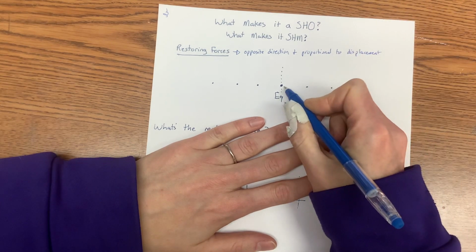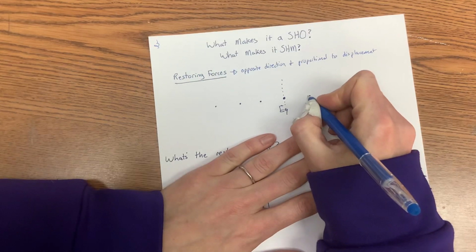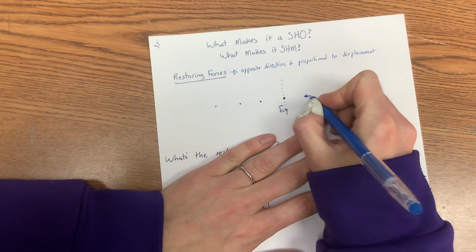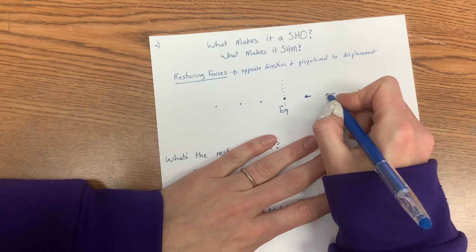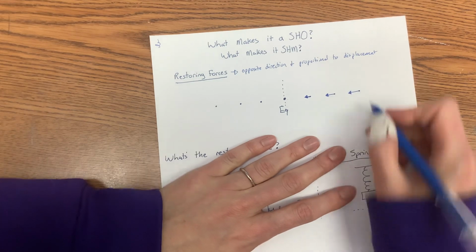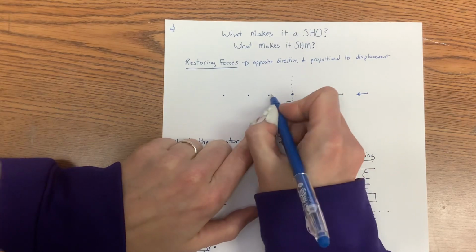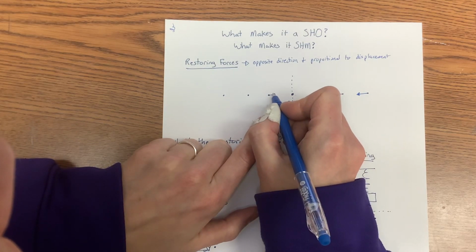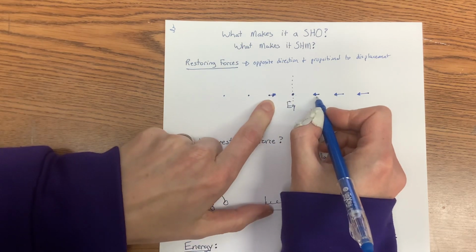So if my object goes this way, my restoring force has to be pushing it back like that. And the further it goes, the harder the force has to be pushing. It has to be proportional. And if I go the other way, it has to be pushing in the opposite direction. It's still proportional too.